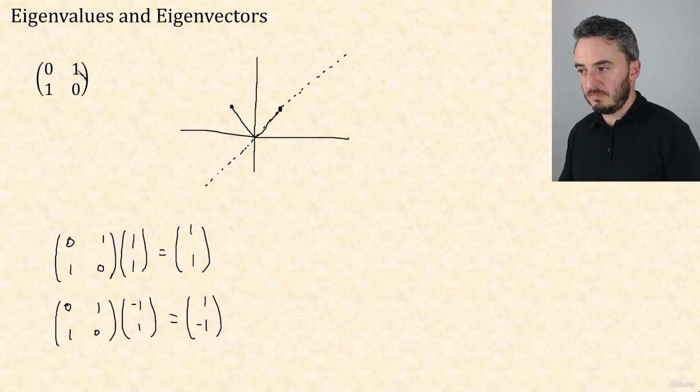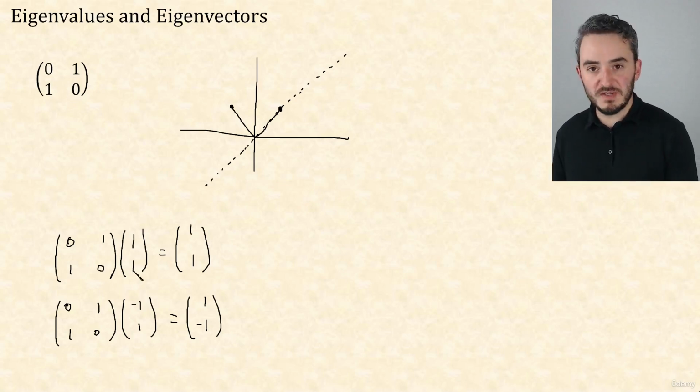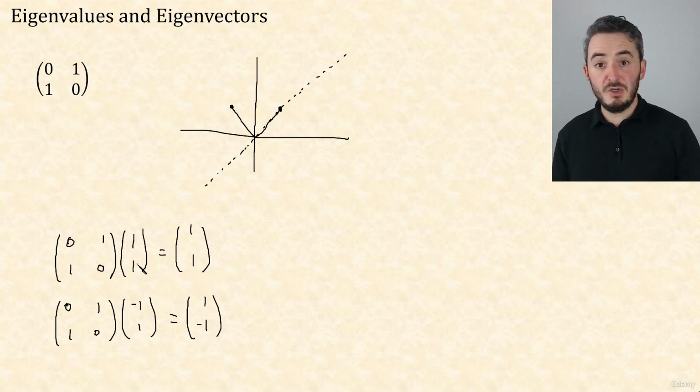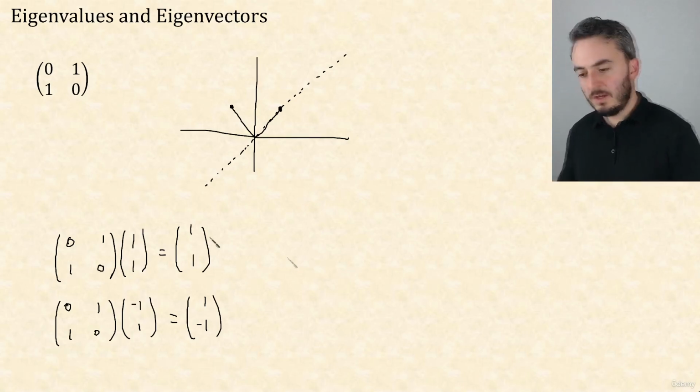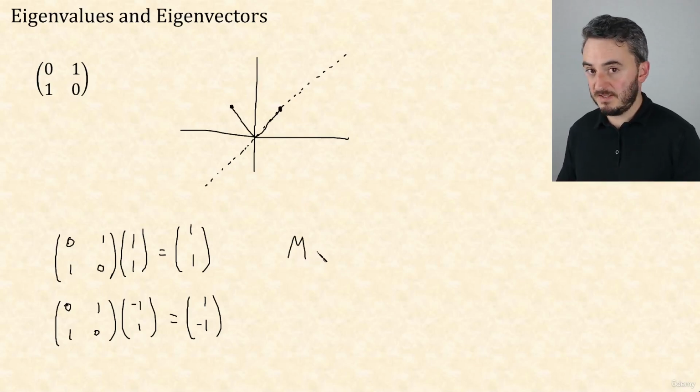Every matrix that has one of these eigenvectors obviously has infinitely many, because if (1, 1) is an eigenvector, then (2, 2) is an eigenvector. So really we're thinking about families of eigenvectors. So here's a little definition. Suppose we take some matrix M and we apply it to some vector e.